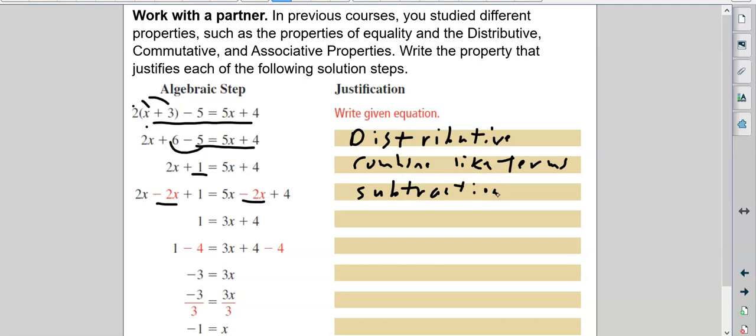All right? And then, again, what did we do? We did 5x minus 2x is 3x, so we combined like terms. I'm just going to say combine there because you know what we're talking about. Then, we subtracted 4 from both sides, so what do we do there? Again, the subtraction property of equality.